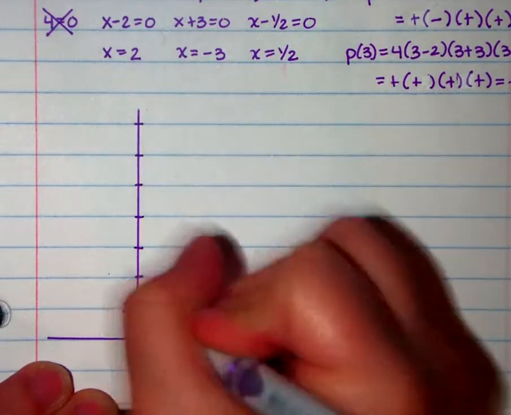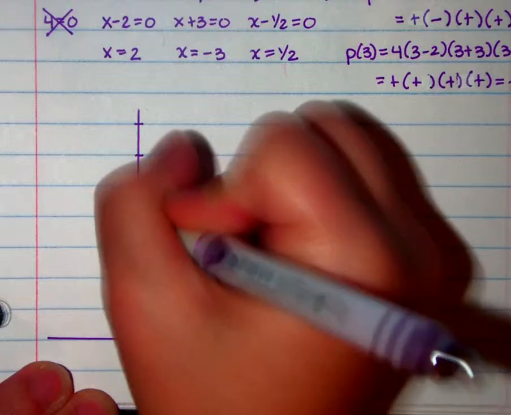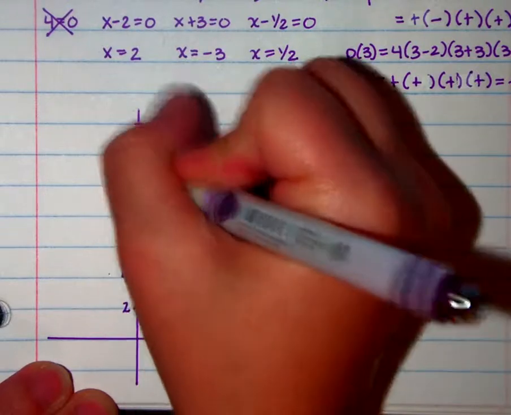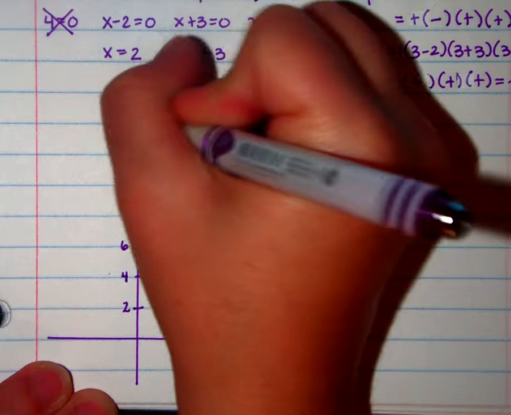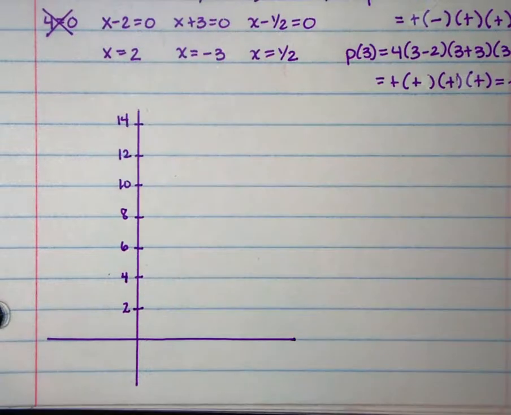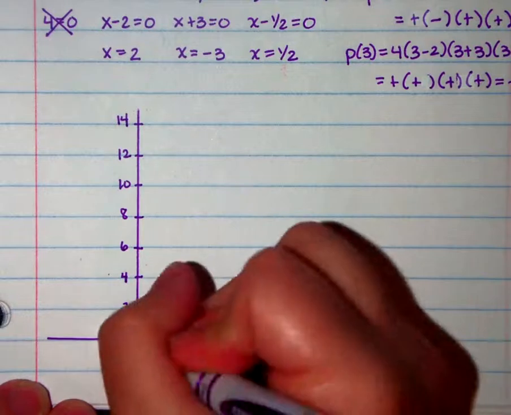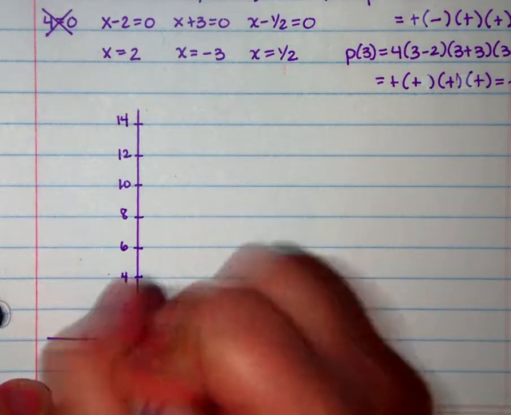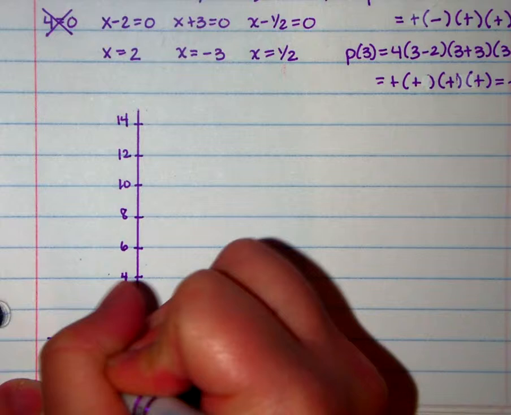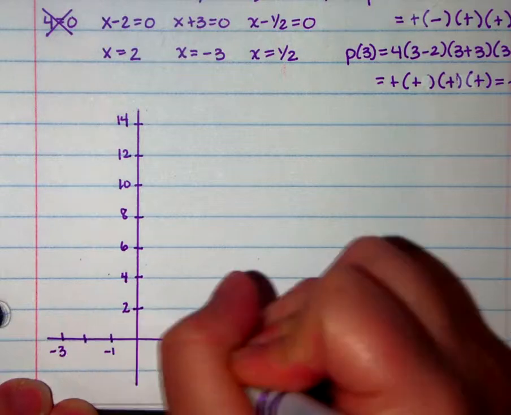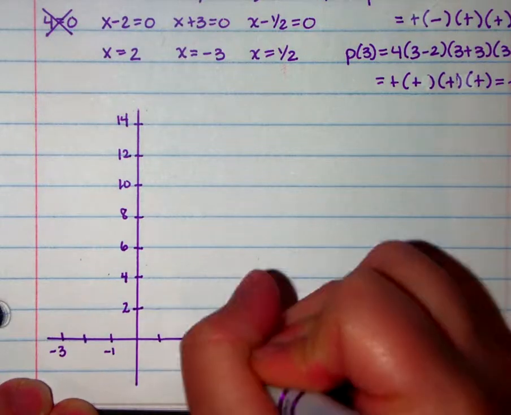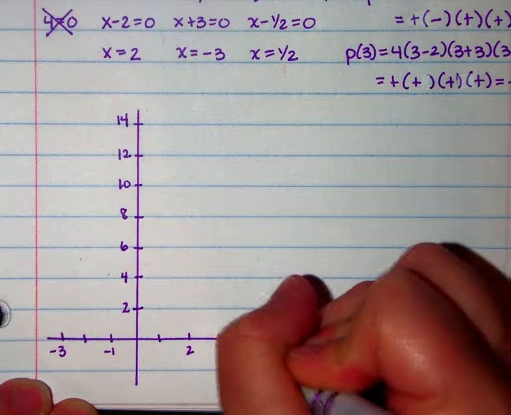So 2, 4, 6, 8, 10, 12. All right. And my y-axis is going to have different increments than my x-axis. I don't have enough space to make them exactly the same. And so I'm going to try to make them a little bit different increments.